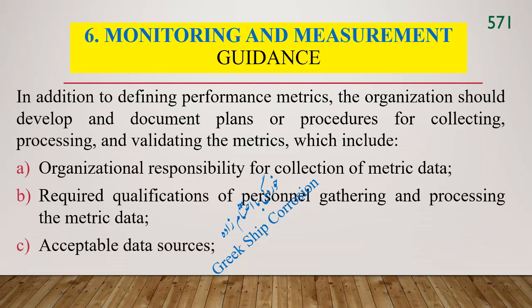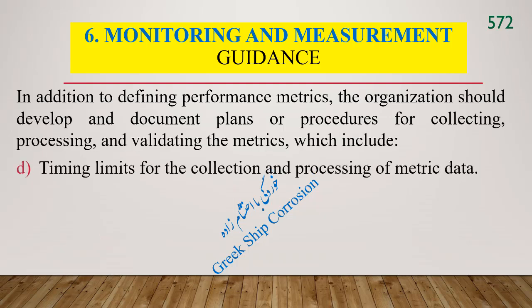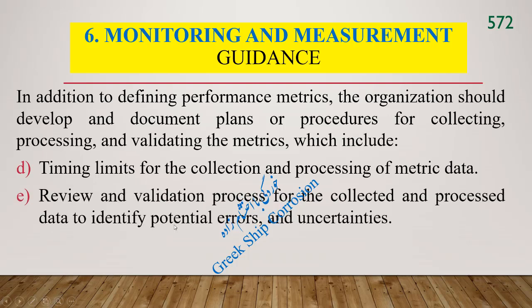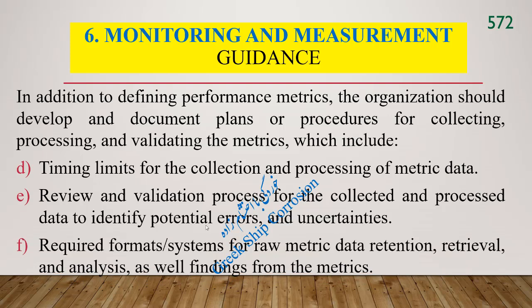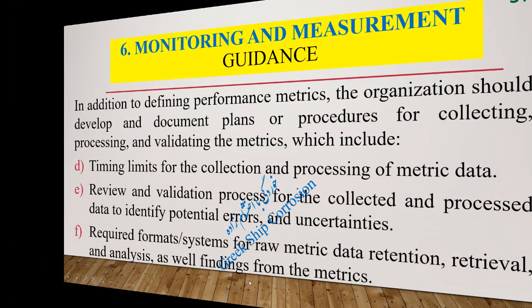C. Acceptable data sources. D. Timing limits for the collection and processing of metric data. E. Review and validation process for the collected and processed data to identify potential errors and uncertainties. F. Required formal systems for raw metric data retention, retrieval, and analysis, as well as findings from the metrics.